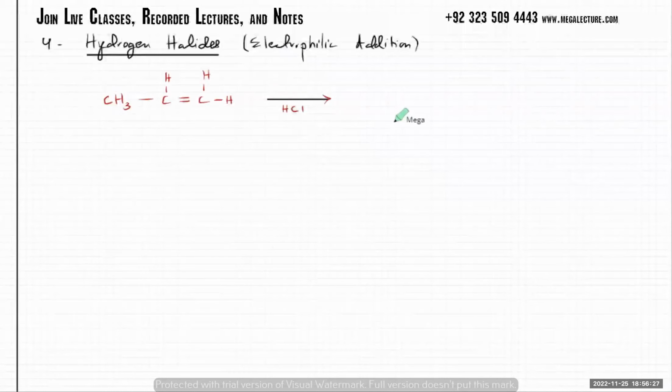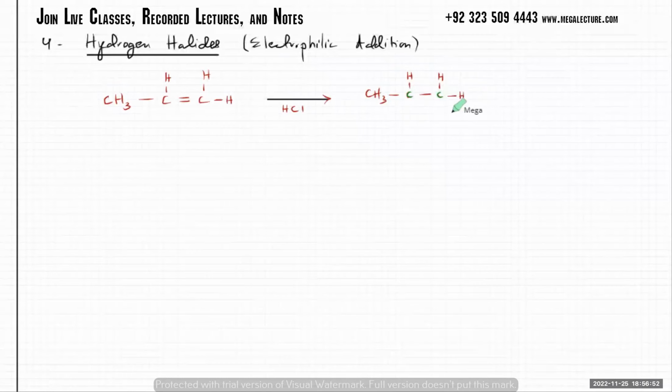So when it's with HCl, the double bond is going to break and it will turn into a single bond. And on these two carbon atoms, the ones that were making the double bond, the HCl molecule will get added.